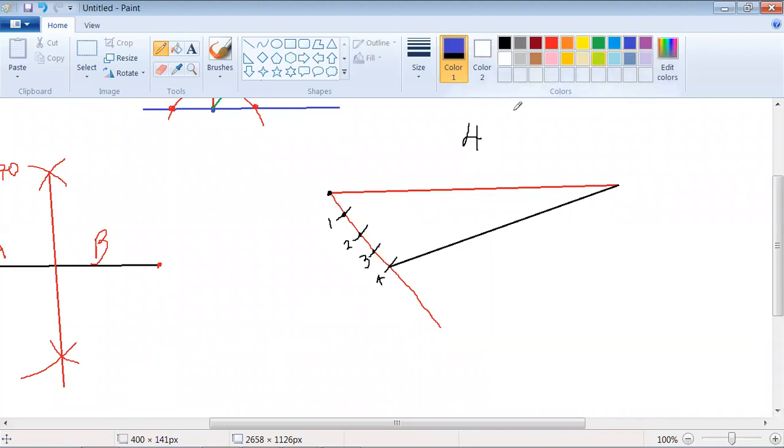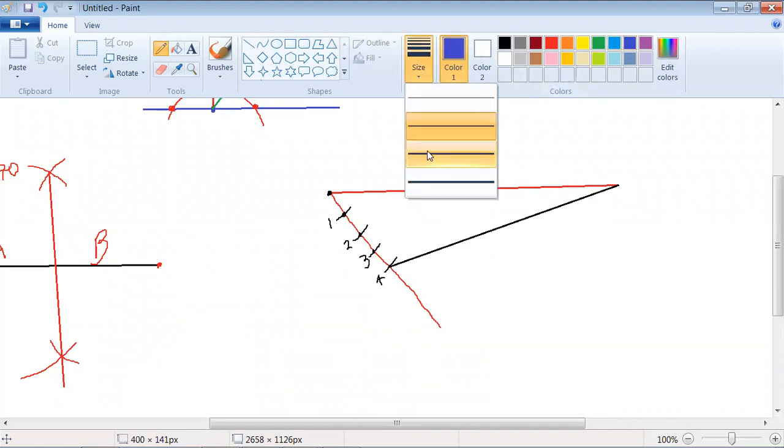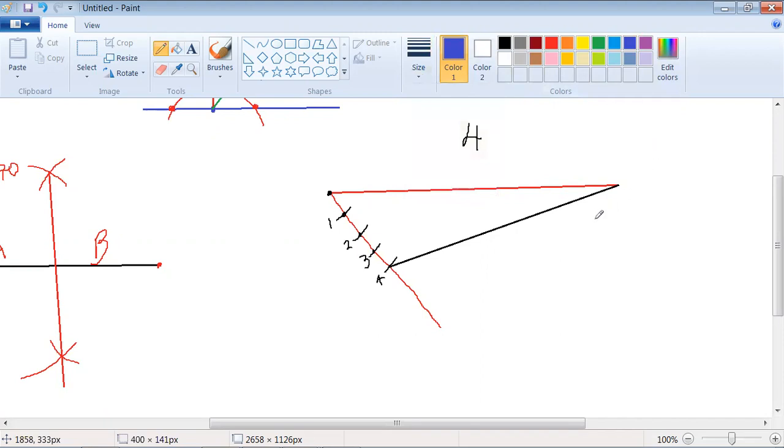Let me put it in blue color and a thicker line. We put a set square in line with this line. Say this is one of the set squares. We put it like this.